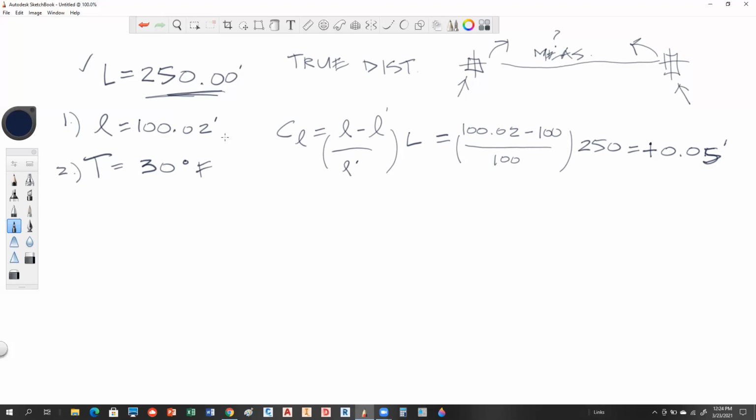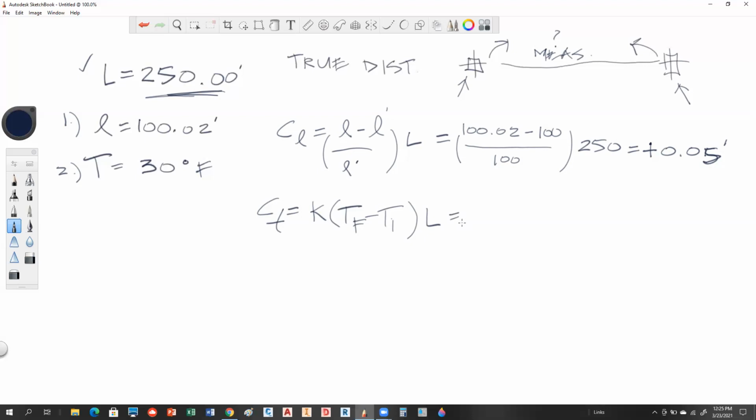Now, we also have a temperature correction, right? So we're going to look at what that temperature correction is, and that temperature correction equation says that it is k delta T, T final minus T initial, times L. What is k?